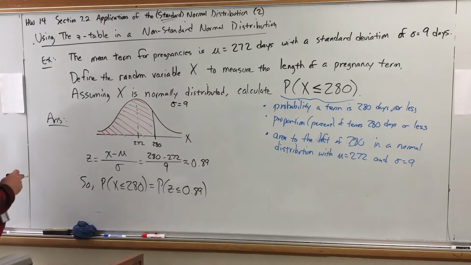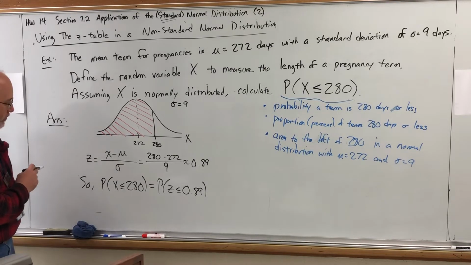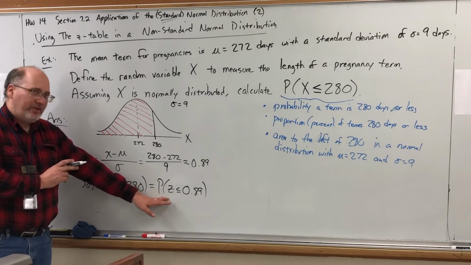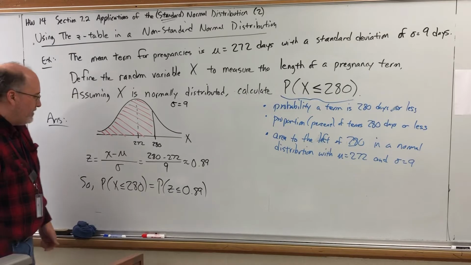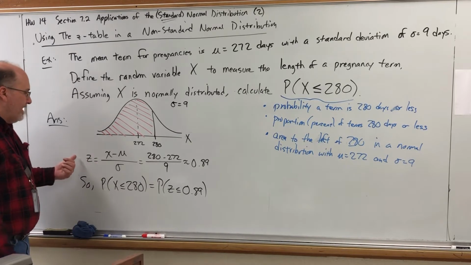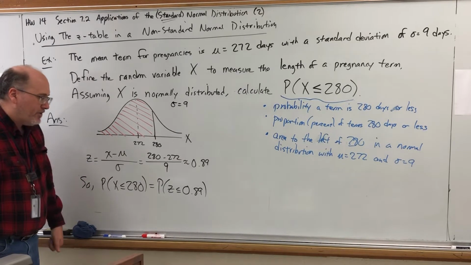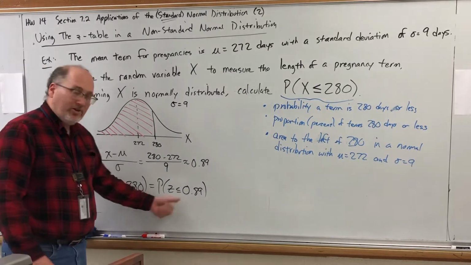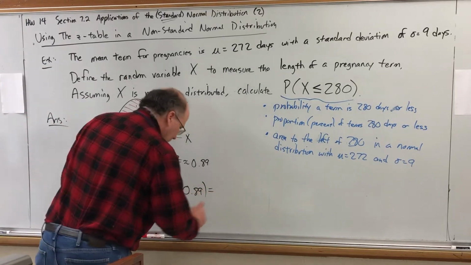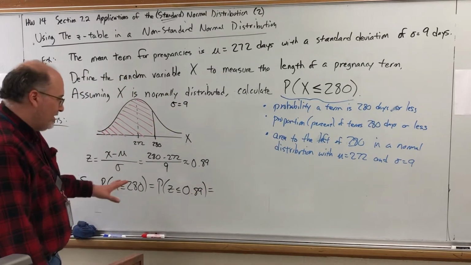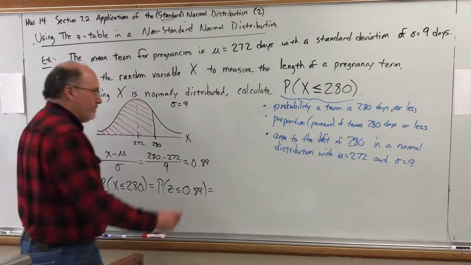In other words, we can convert a non-standard distribution question into a standard distribution question by using the conversion formula to calculate a z-score for a given value. And this is something that we can look up in the table. Now, I don't have a picture of the table handy, but I'll remind you real quick how to use it.